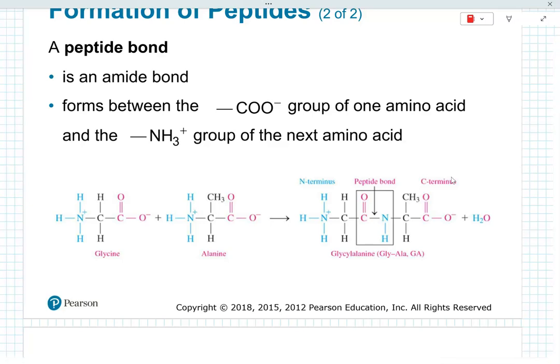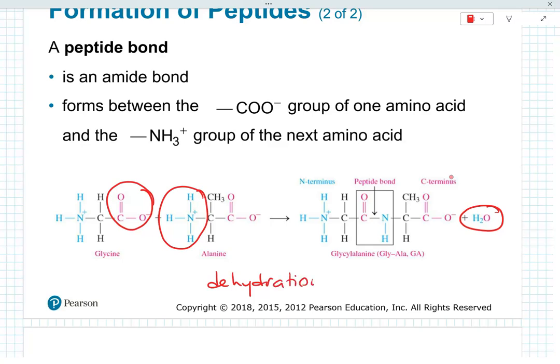So look at this. You have a carboxyl group of one amino acid, an ammonium group of another amino acid, and by losing water, it's a dehydration reaction.